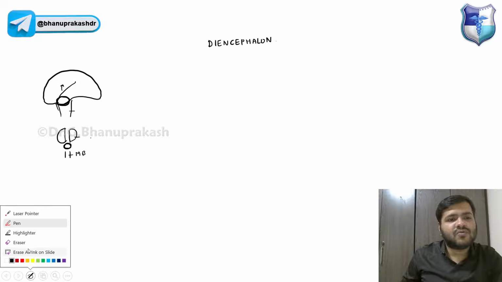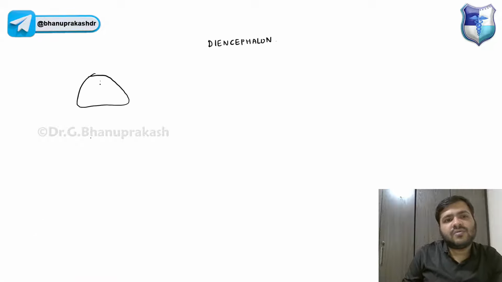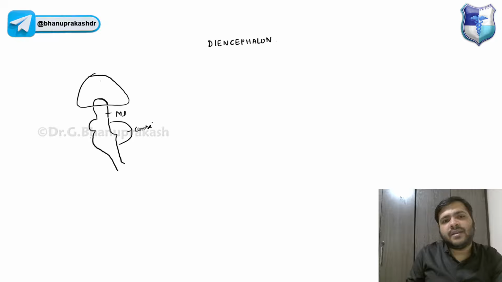Let me just draw for you guys so that the connections are very much clear. If it is the two cerebral hemispheres, the lower part will be having the diencephalon. Then we have the midbrain, then we have the pons, the medulla oblongata, and behind we have the fourth ventricle, and behind this we have the cerebellum, right?